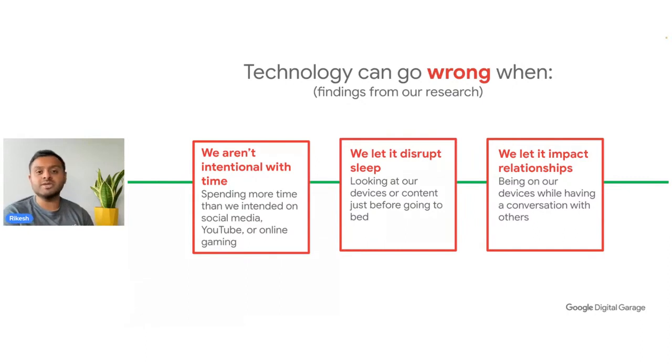Once that person does it, the other person takes out their smartphone to check what's going on there as well. Before you know it, both of those individuals, who came out to have a conversation in person, are head down straight into their smartphones. That's something which can impact a relationship.